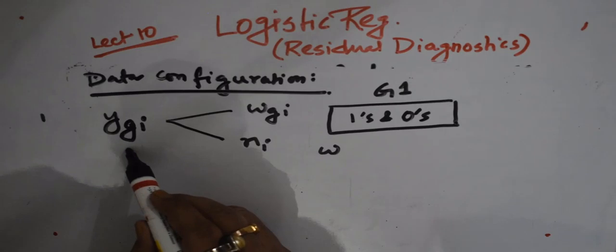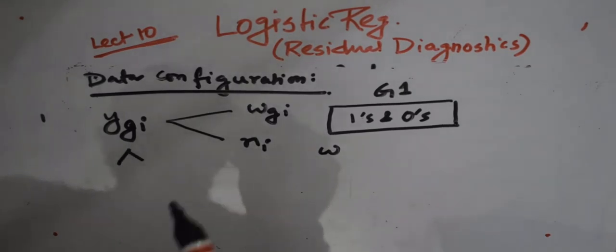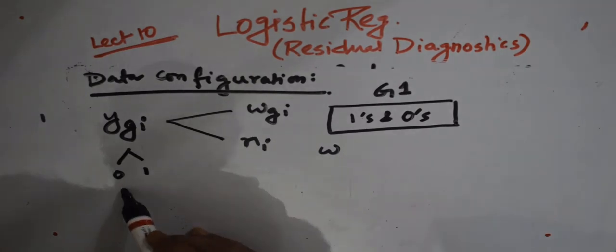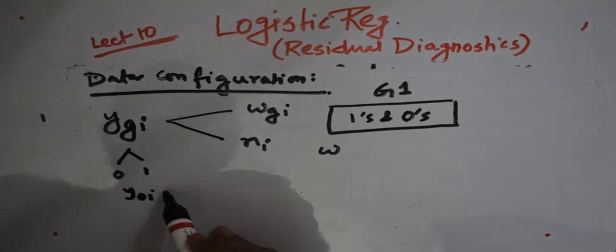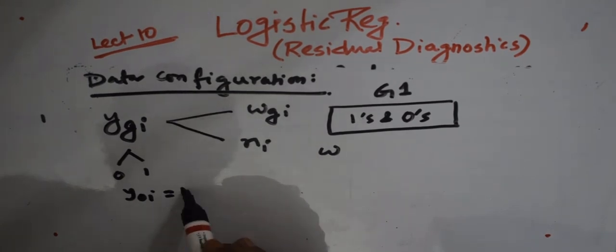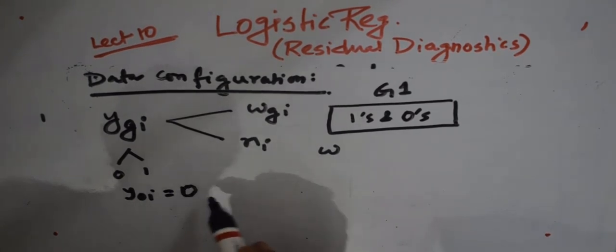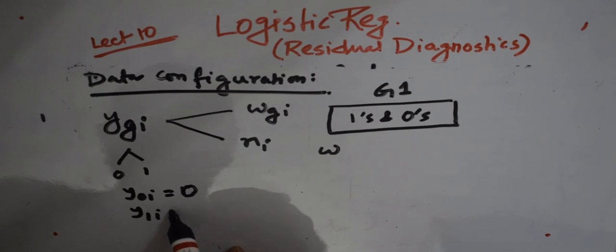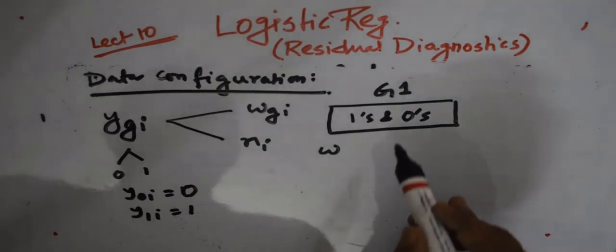Here g takes two values, either 0 or 1: y0i means the response is 0, and y1i means the response is 1.